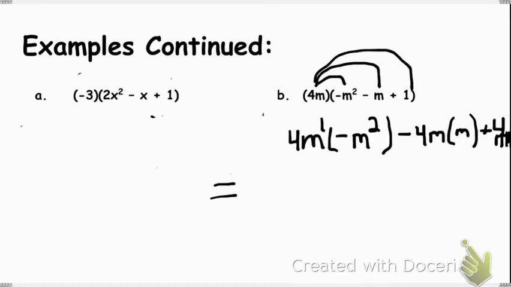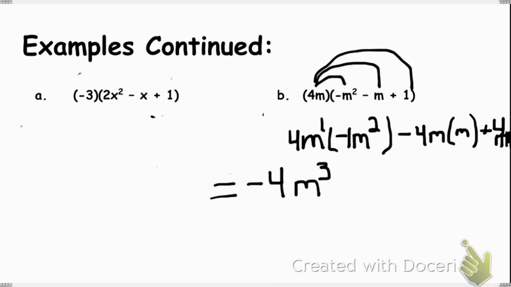Then the negative in front of the m, it's like a negative 1, so we're going to do 4 times negative 1. So it's going to give me negative 4m to the power of 3.